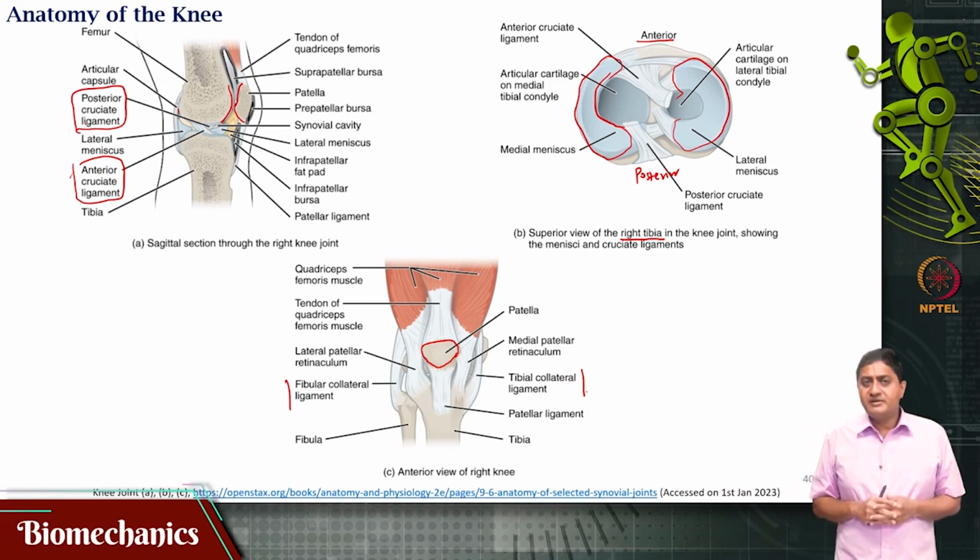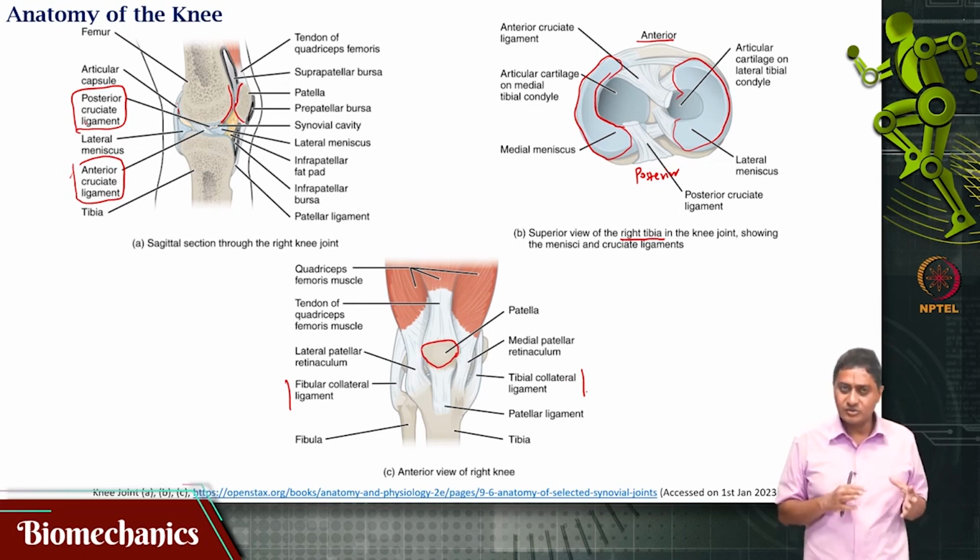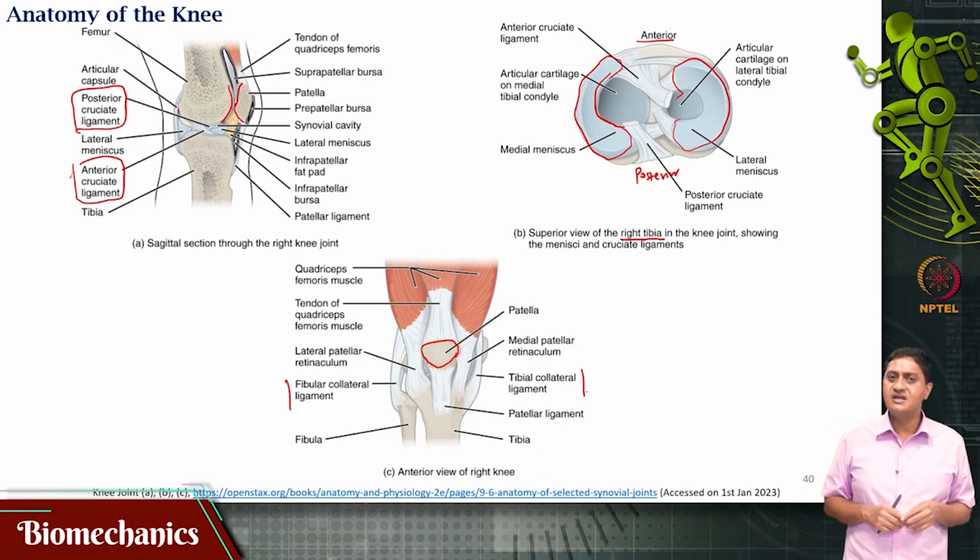So, movement at the patellofemoral joint, right, is primarily to increase the moment arm of the quadriceps tendon. Quadriceps tendon attaches at the patella, but what is the moment arm? Let us go back to the basics and find out. This is the perpendicular distance between the line of action of force and the axis of rotation.